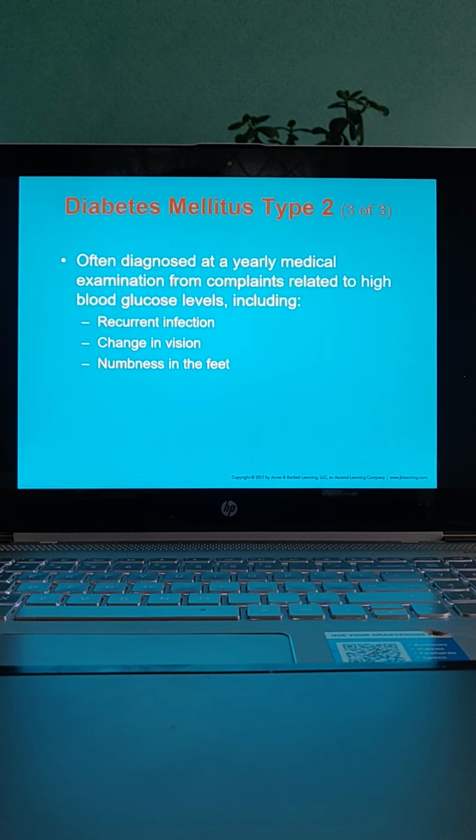You might have a recurring infection that the doctor keeps looking at, because when you have diabetes, infections and injuries take a lot longer to heal. You can have a change in vision because of the glucose level and all the other systems in your body that aren't working correctly. It's going to affect your eyes. And you have numbness in the feet. Okay?